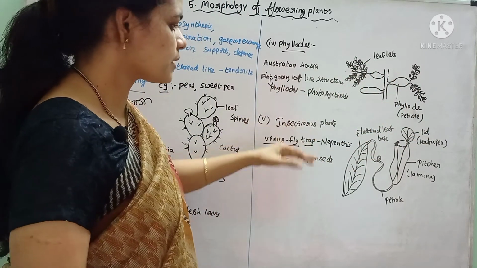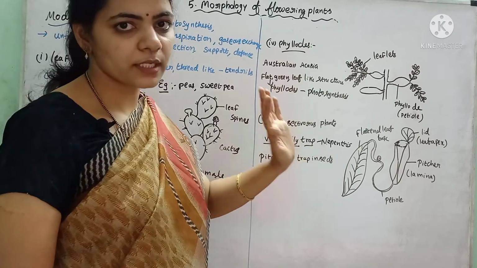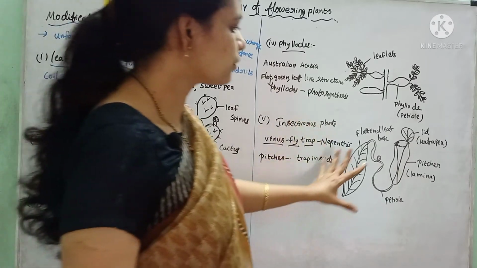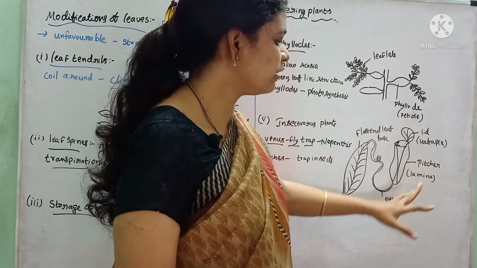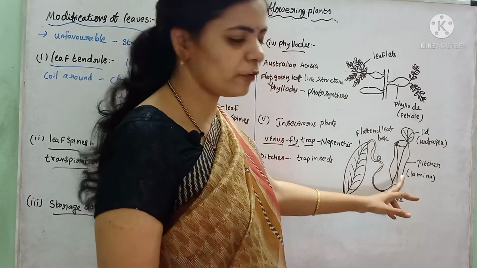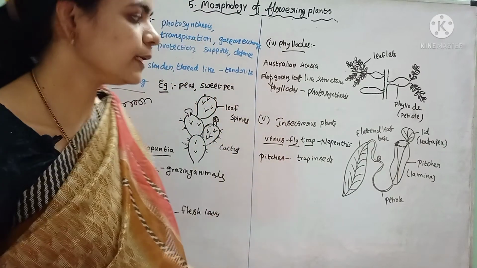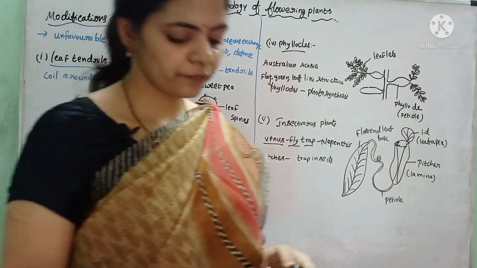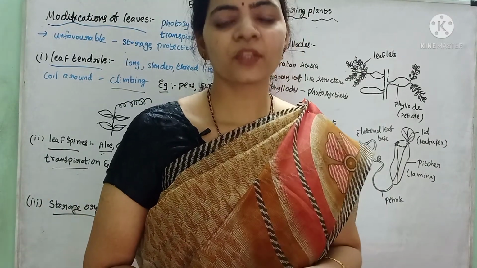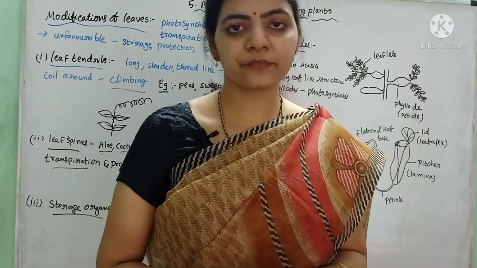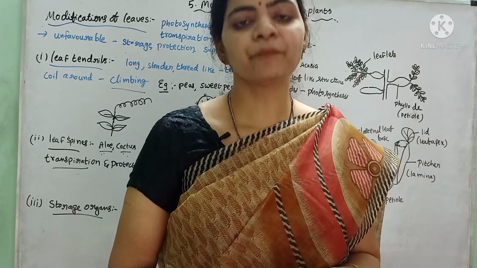And insectivorous plants, for example Venus flytrap, otherwise called nepenthes. In this, the leaf lamina is modified in the form of a pitcher which traps the insects and absorbs the nutrients present in the insect. These are some of the modifications seen in the leaf. With this, we have completed the leaf, types of leaves and modifications.